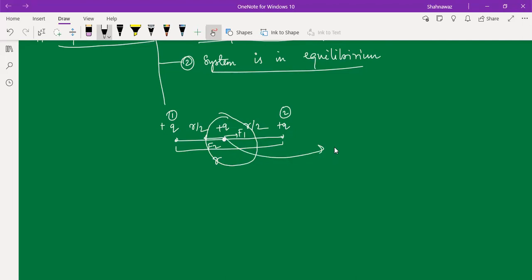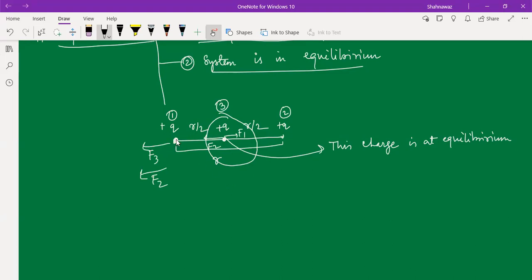So this charge, this only charge, is at equilibrium. But if you calculate the forces acting on this charge, the forces acting due to this 3, F3 would be here, and F2 would be here, right, guys?